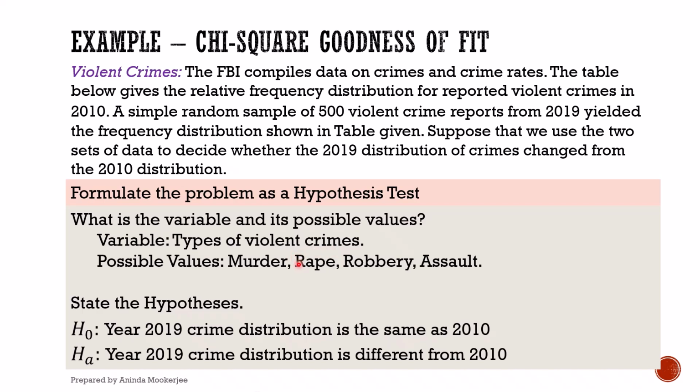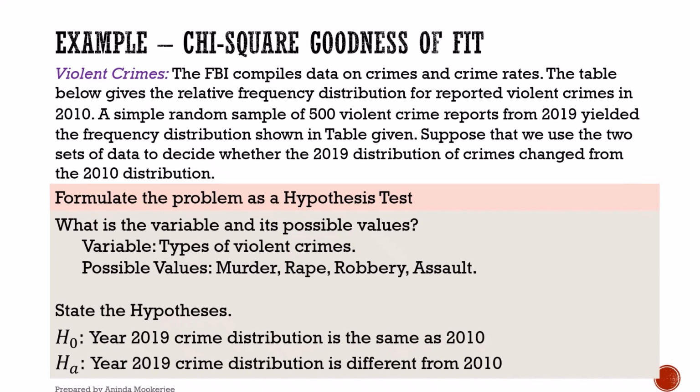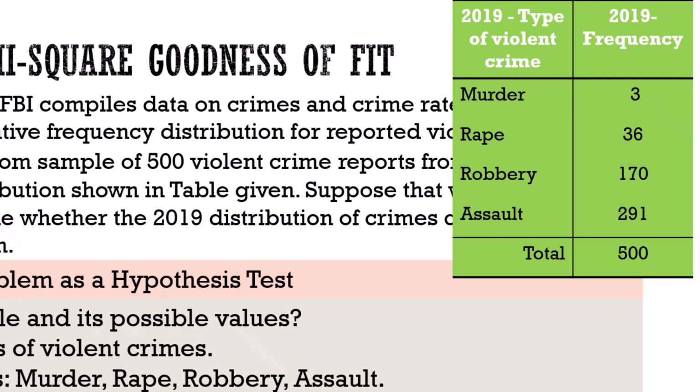So at this point, I'm going to pull up the table of data. Here we had the data given to us. The 4 possible values that the variable violent crime could take are murder, rape, robbery, and assault. So these are the categories of the variable. All right, and there are 4 of them.